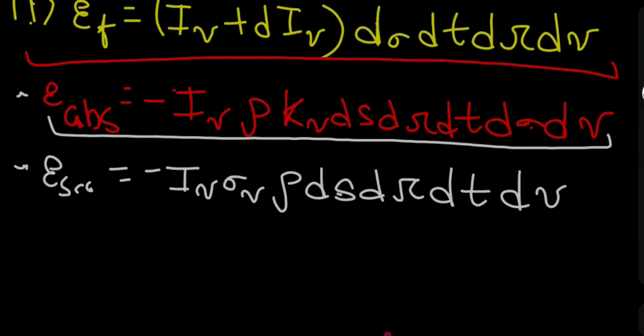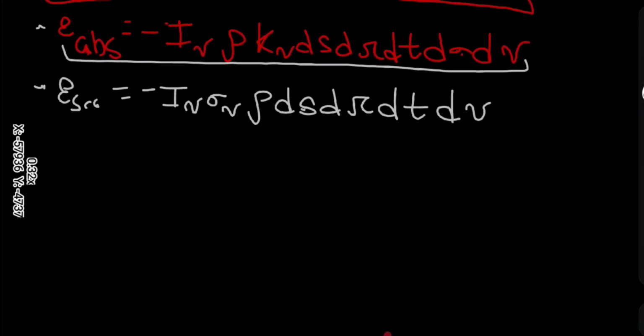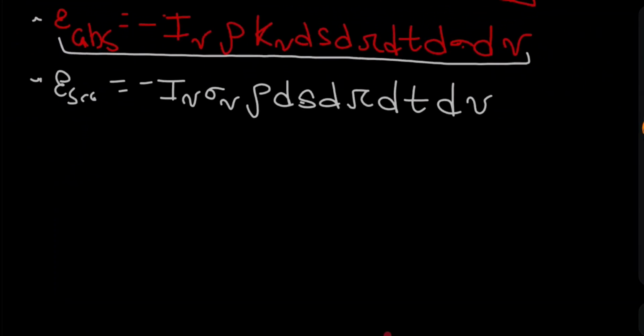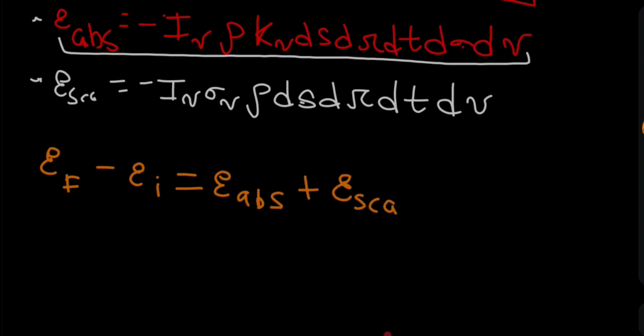Now we are going to use another equation which is very simple: the final energy minus the initial energy is not equal to 0, because you all know that the intensity of radiation changes. So the final energy minus the initial energy is equal to the energy that is absorbed plus the energy that is scattered plus the energy that is emitted.